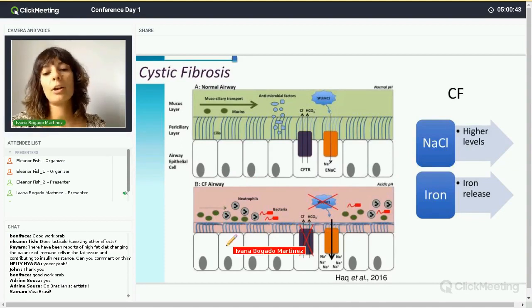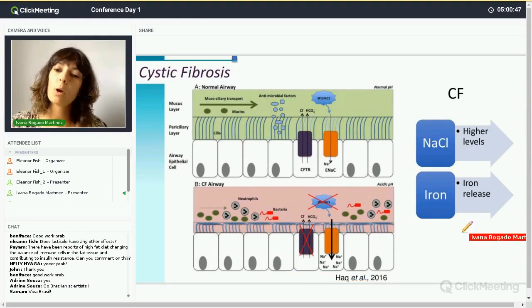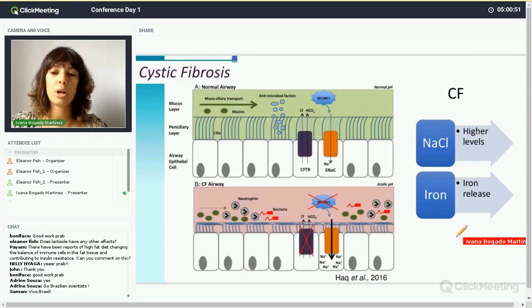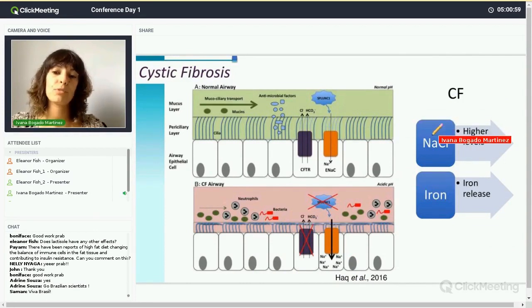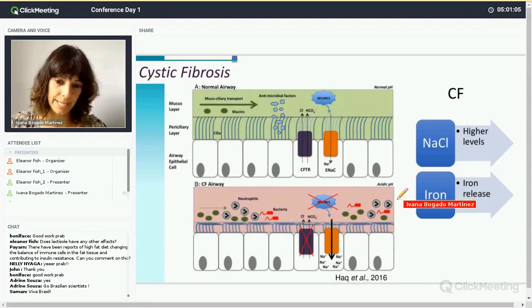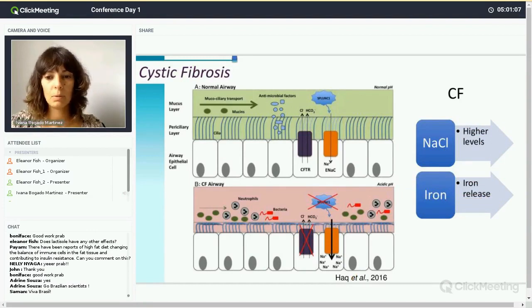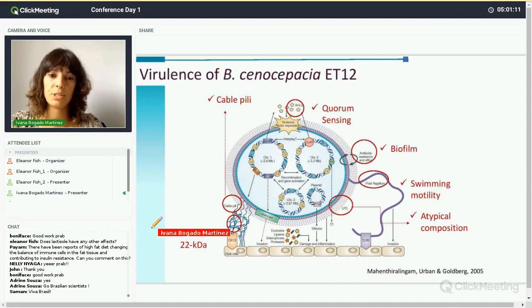So we have a lot of different modifications in this region. We are going to study in this project two different conditions associated with this patient. One of them is the higher levels of sodium chloride, and the other one is the iron release.